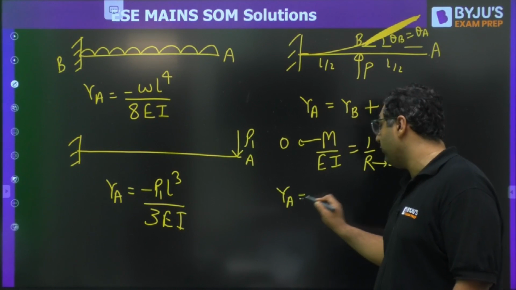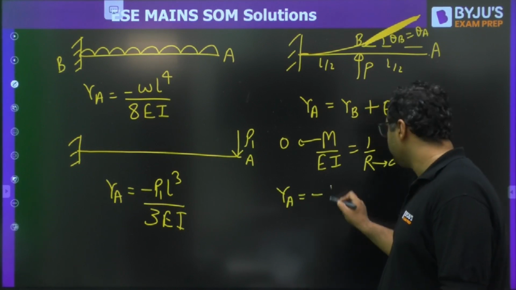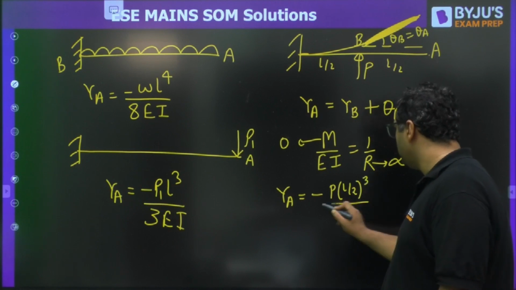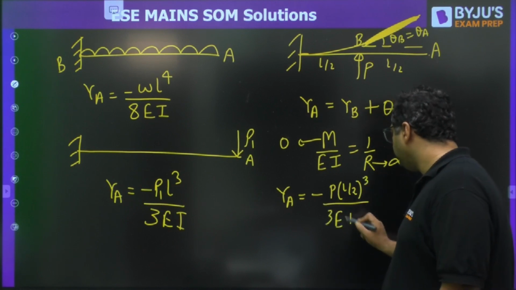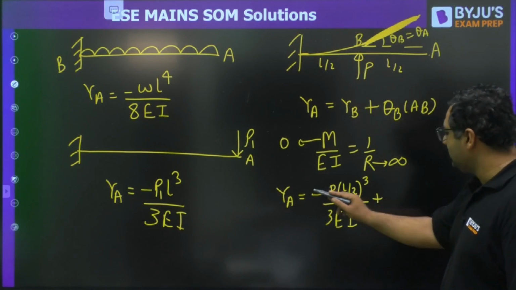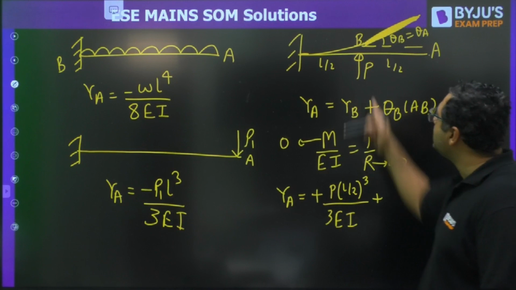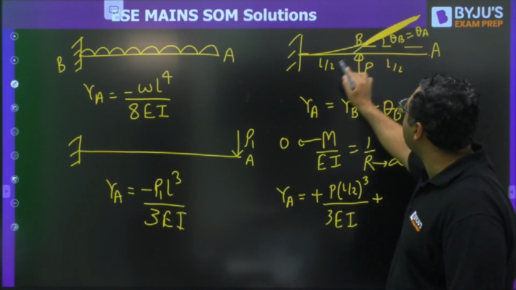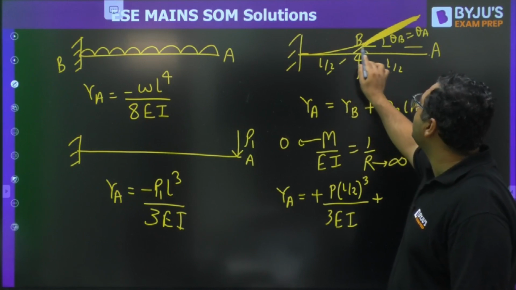This will be positive. So it is minus P (L by 2) cube upon 3EI, plus. Okay, now this is minus, no, this is plus, because it is upward. So here theta, if you will find out, that is also going to be anti-clockwise.